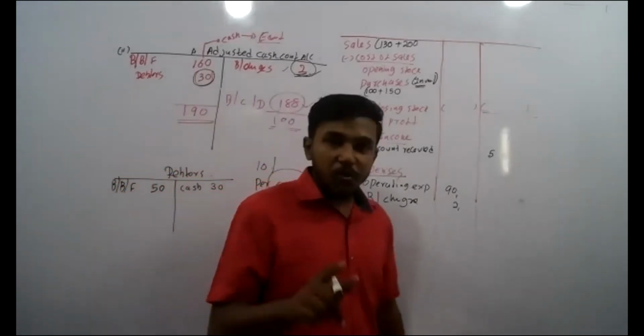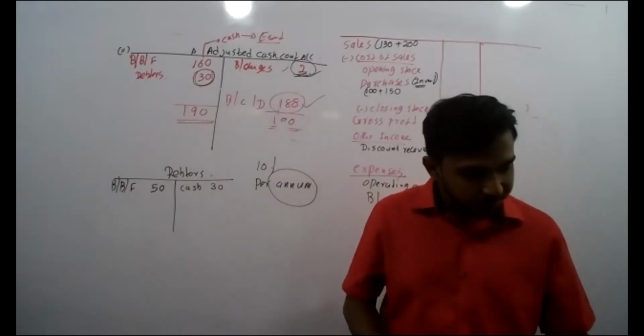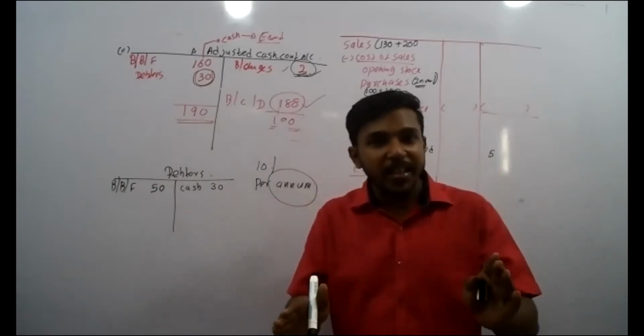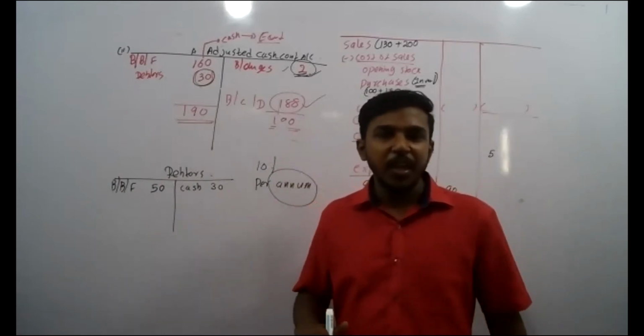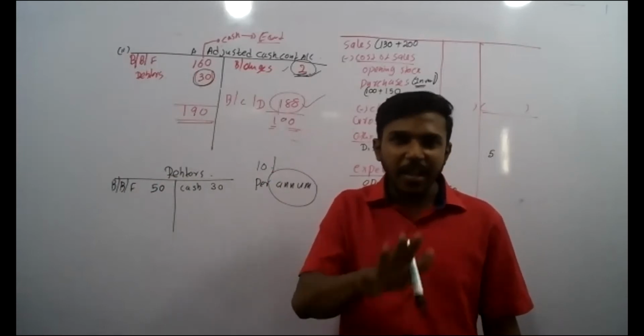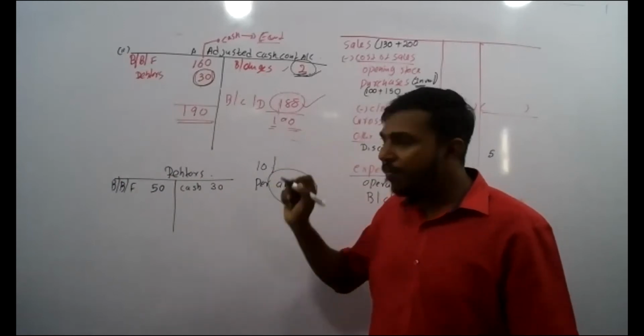Are we preparing the income statement for one year or just one month? Month ending January 31st, so you prepare this just for one month. So annually it's 10% depreciation.